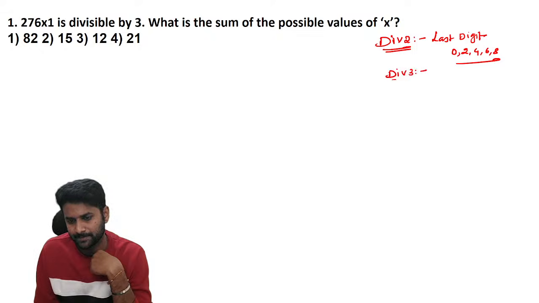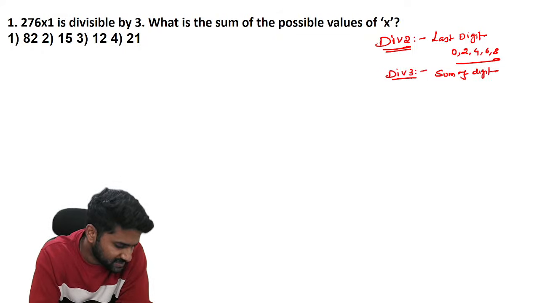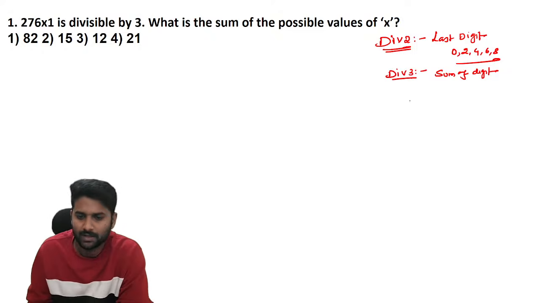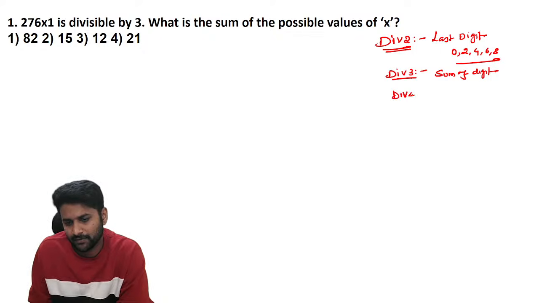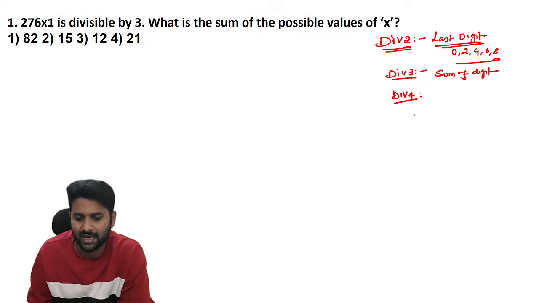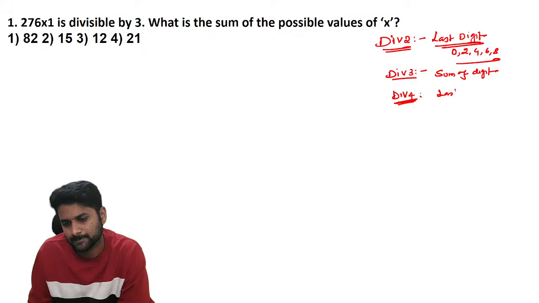Divisible by 3 is all about the sum of its digits. If the sum of its digits is divisible by 3, then the entire number is also divisible by 3. Clear? Next, divisible by 4. Divisible by 2 is all about the last digit; divisible by 4 is all about the last two digits.